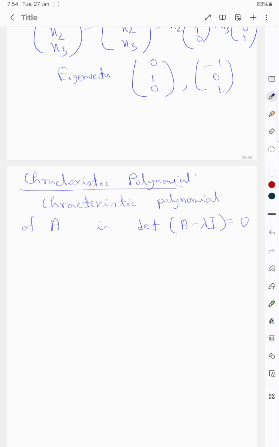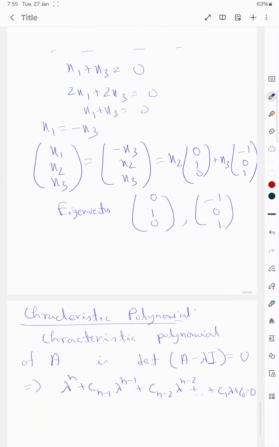That type of thing you can write as lambda to the power n plus c(n-1) lambda to the power n minus 1 plus c(n-2) lambda to the power n minus 2 plus dot dot dot plus c1 lambda plus c0 equal to 0. The values c(n-1), c(n-2), c1, c0 you can find from the determinant, depending on the matrix.